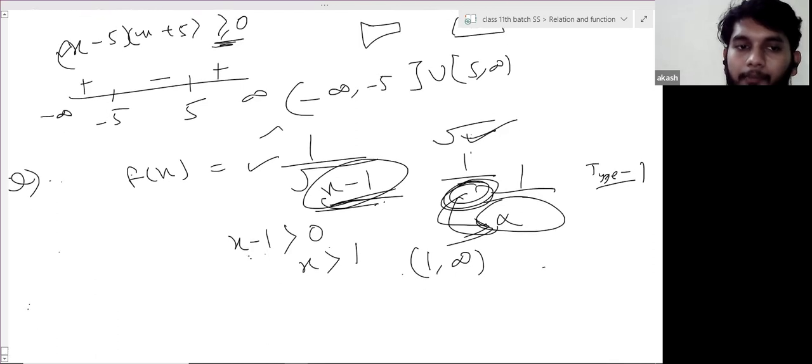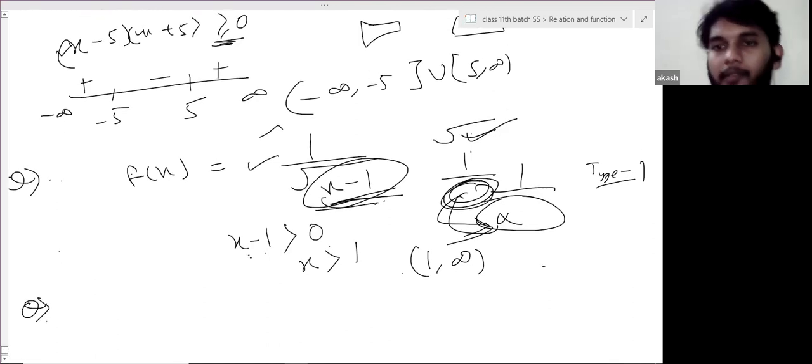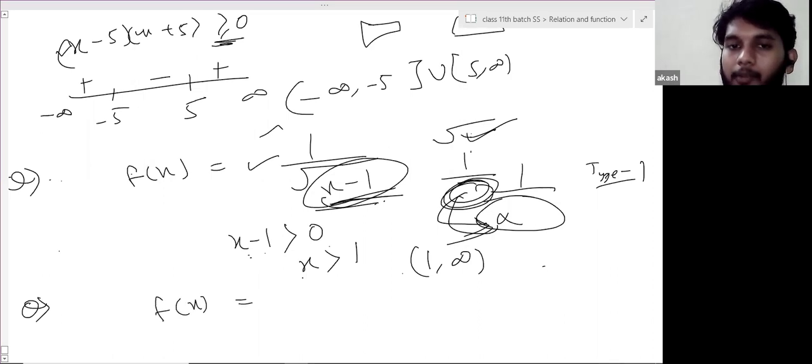Next question. So you have to look for everything, right? Type 1, type 2, type 3, what are they saying? f of x equals 1 upon under root 1 minus x. A few minutes for this also. Try to solve.